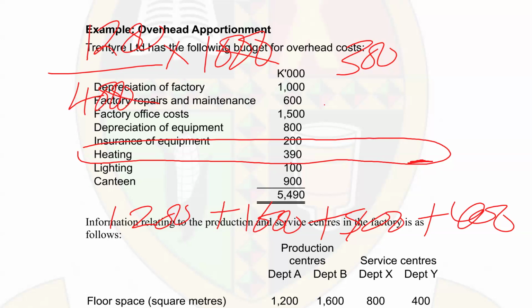For me, I really wanted to know how to apportion with the correct basis of apportionment. I think when you help me with this, I'm good to go. How is it now?